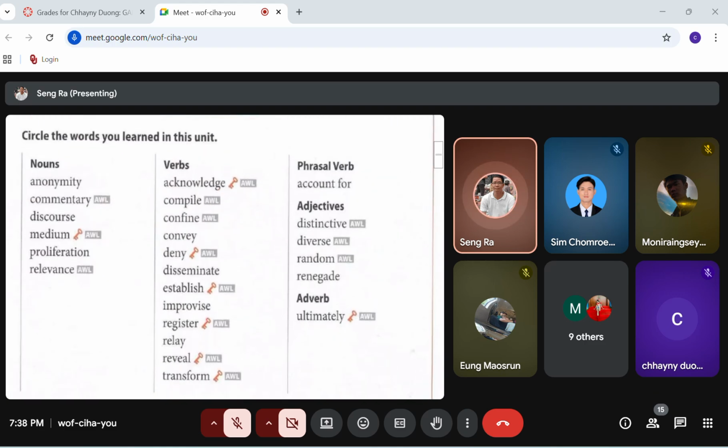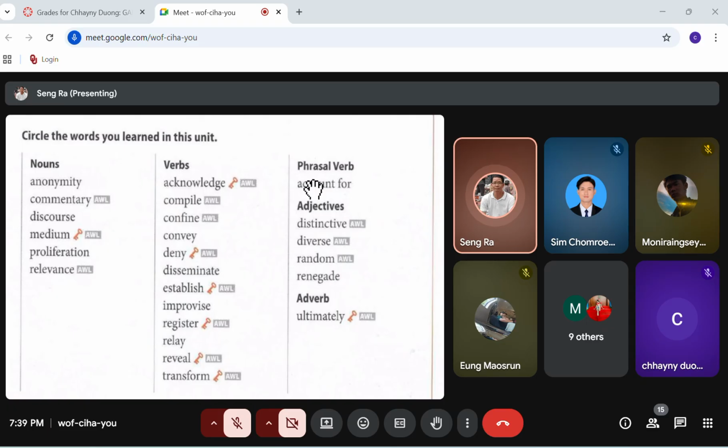So make sure you know the words: anonymity, commentary, discourse, medium, proliferation, relevance, and knowledge, compile, confine, convey, deny, disseminate, establish, improve, register, relay, reveal, transform.